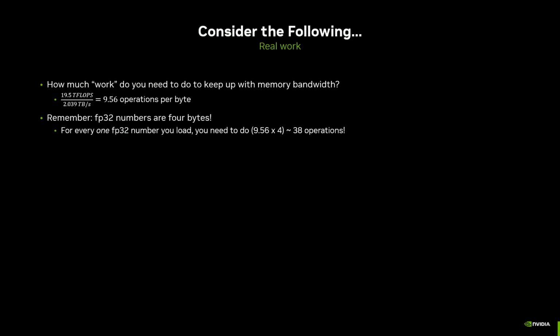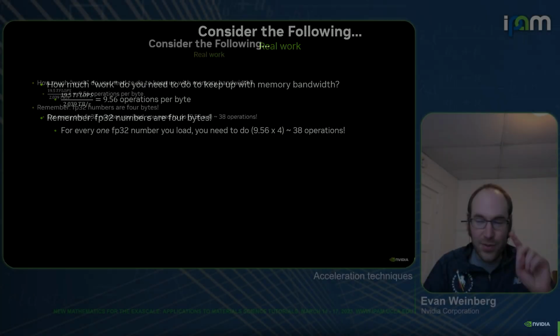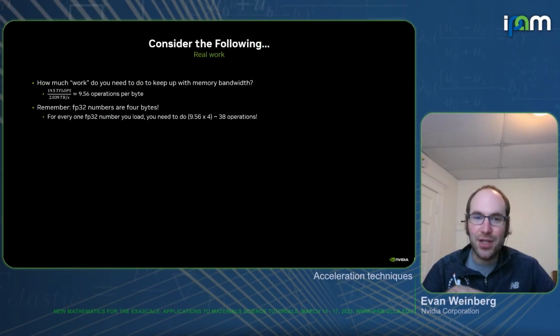So what do I mean by that? For example, FP32, a single precision floating point number, is 4 bytes. So for every single precision number you load, you need to do 38 operations to not be bound by this ridiculously insane high bandwidth memory.